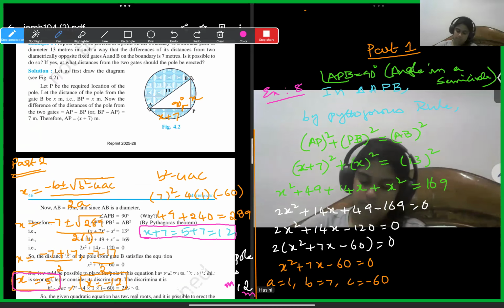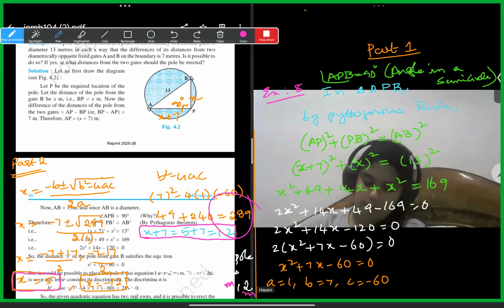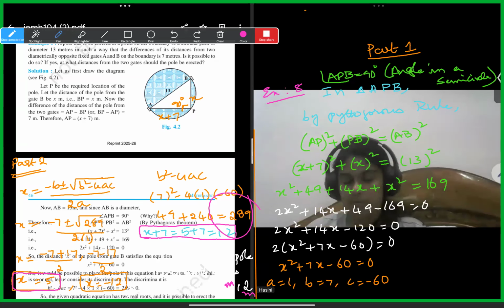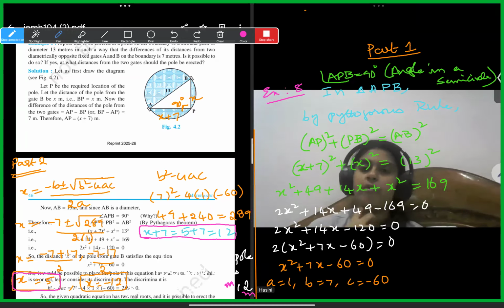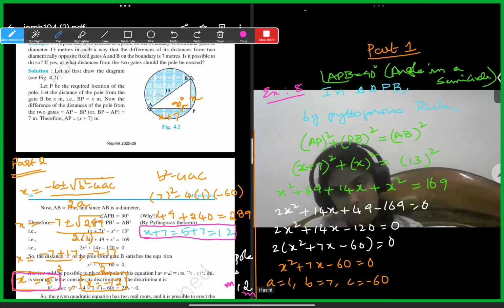Yes, sir. So is it a possible situation? Anyways, we can write one extra statement there: since b square minus 4ac is greater than 0, two real and distinct roots exist, so this situation is possible. Anyways, we continued the sum and we got it, no problem. Otherwise I would have written it there. But you understood it now?